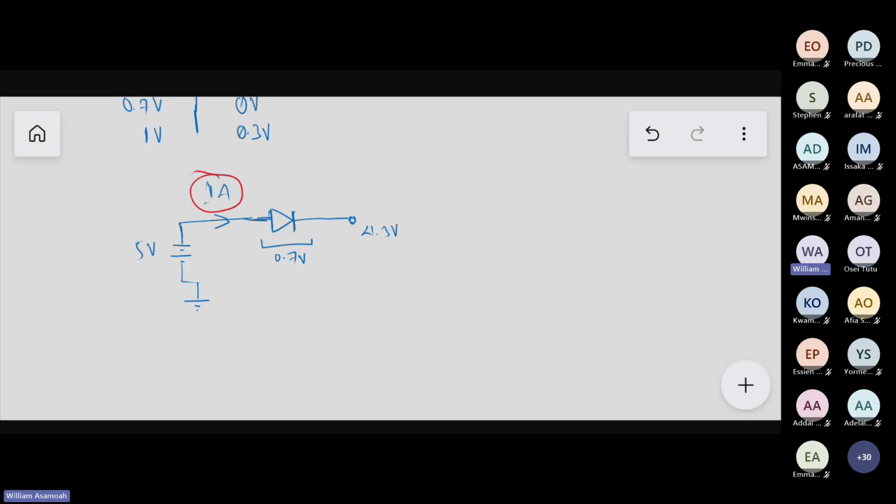So whenever you are designing a circuit, you first of all have to go and look at the data sheet of the diode. You just go online and search. There are several types of diode. When you design your circuit, you may need 2 amperes.